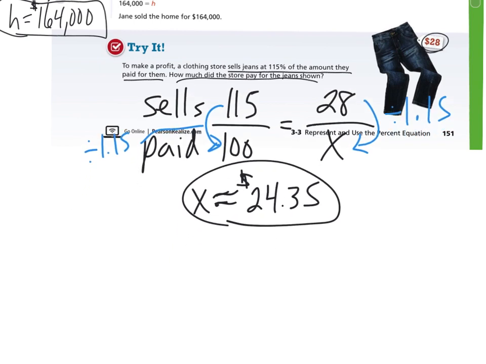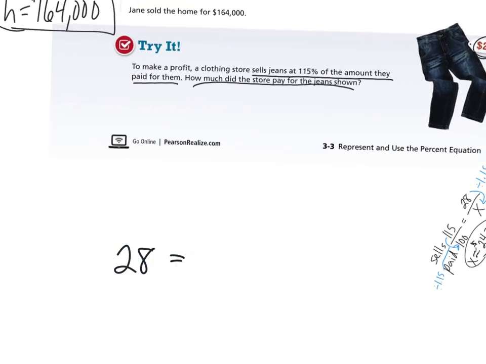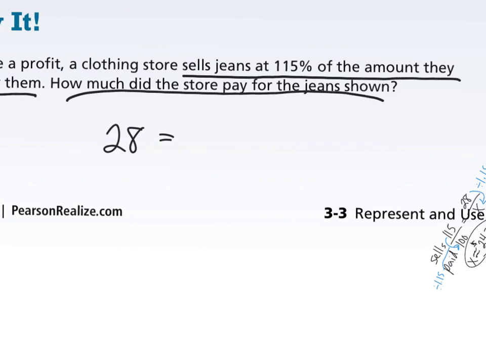Another way you could do this is to say it's $28. We could kind of just come up with something on our own here. $28 is 115%, and you can take the second sentence here: they sell the jeans for $28, which is 115%, changed to a decimal, of the amount that they paid for them, and that's what we're trying to find.